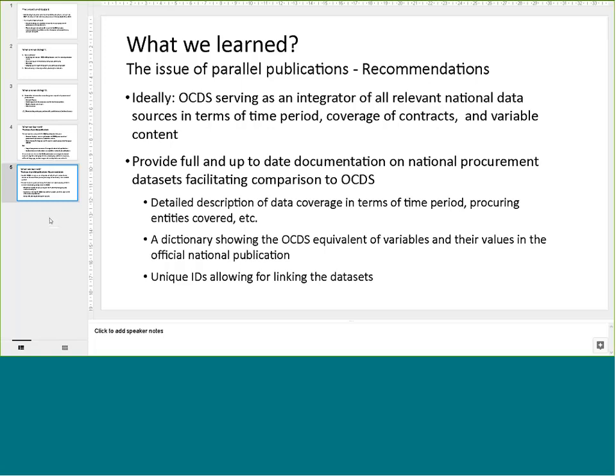And this documentation package should include the description of data coverage of the OCDS and the official publication, and the reasons behind the different case numbers in these two data sets. And it would be also great to have a dictionary between OCDS variables and the official dataset variables, because being a non-expert, it's often hard to decide how a variable of the official dataset could be fitted into OCDS structure.